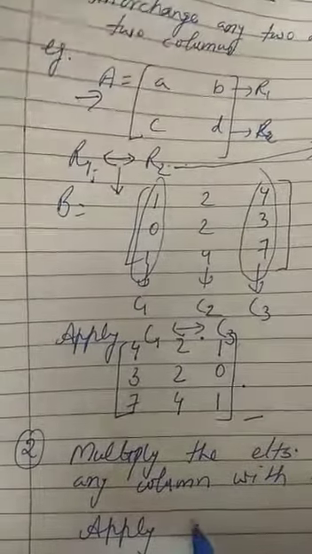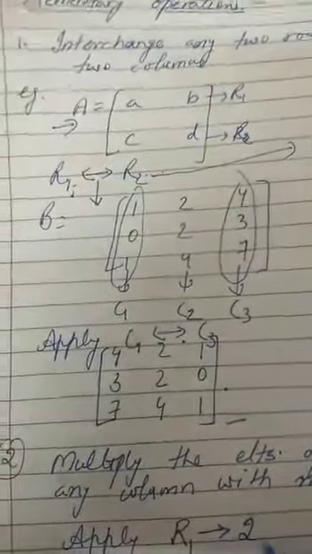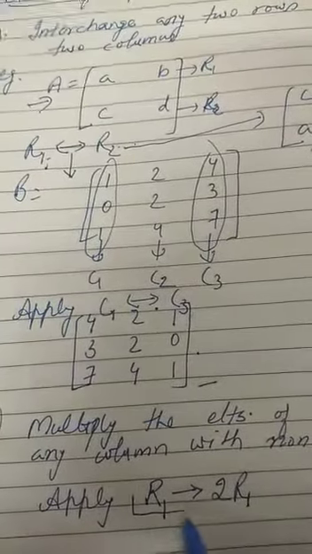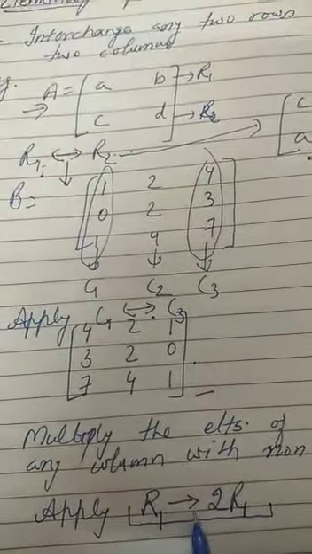So let us take the same matrix A first of all. I will write down here apply. For example, I want to change R1, multiply by 2 times this. So if I want to multiply the elements of the first row by 2, I will write down R1 arrow.